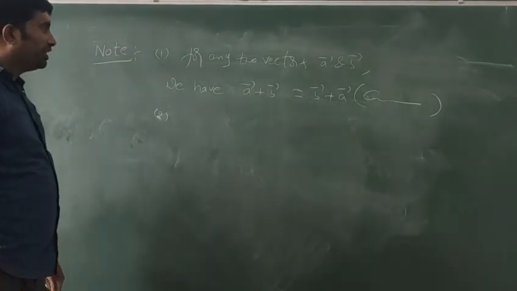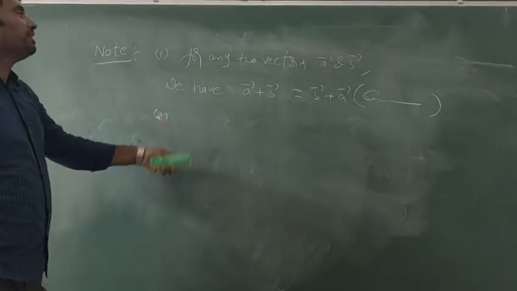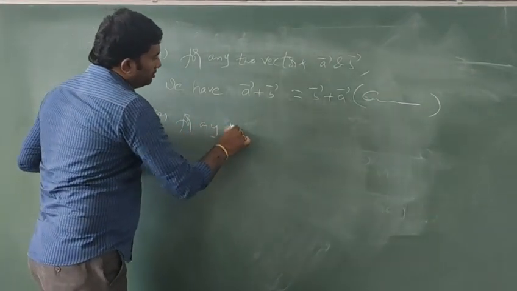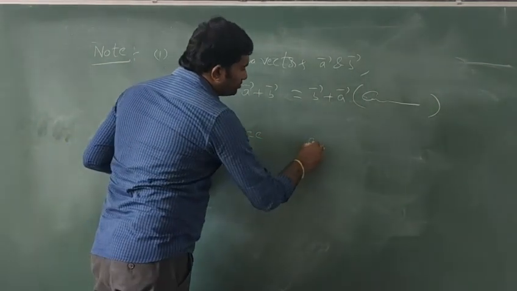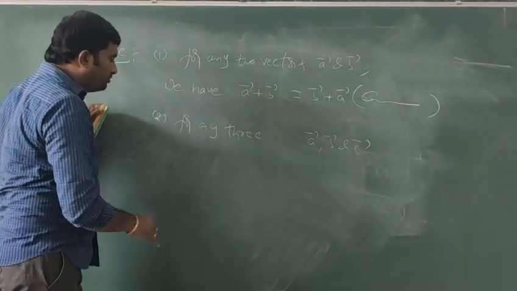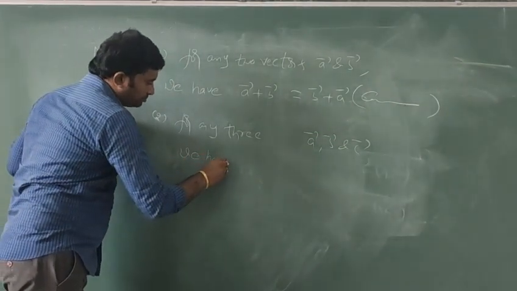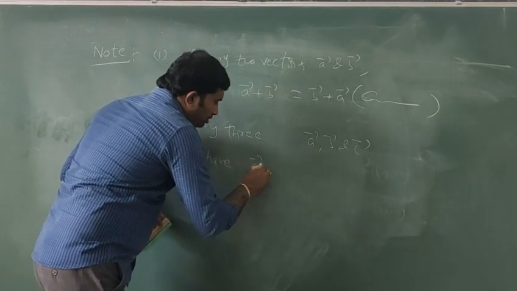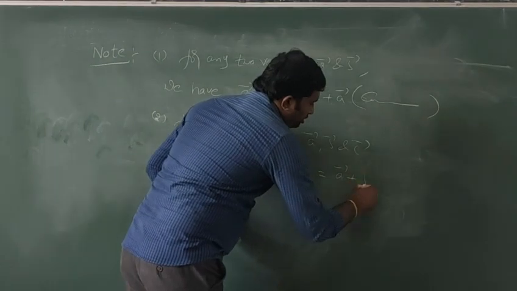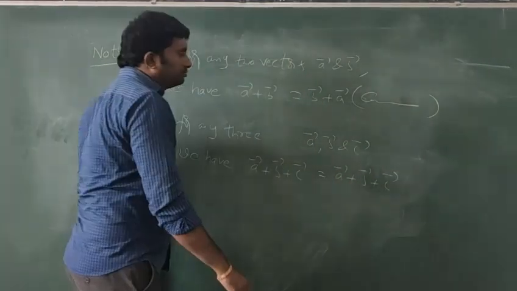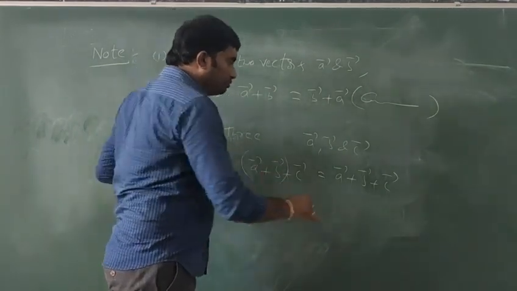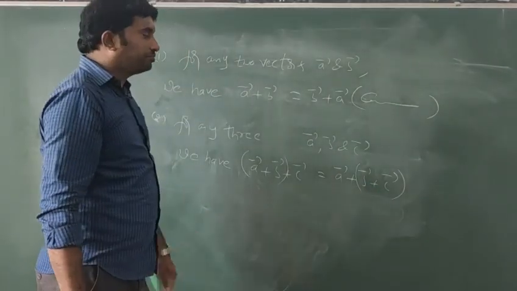Next, the second one. To define associative, we want three vectors. For any three vectors A bar, B bar, and C bar, we have A bar plus B bar plus C bar is equal to A bar plus B bar plus C bar. Associative. What is the meaning of associative? You can put the bracket on the first two or the last two. That is associative under addition.